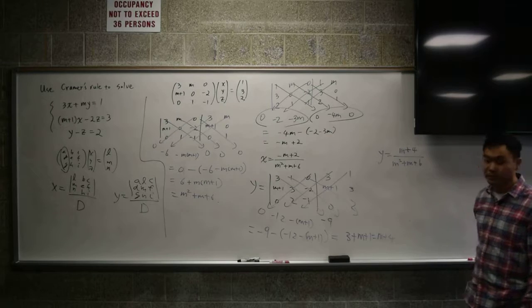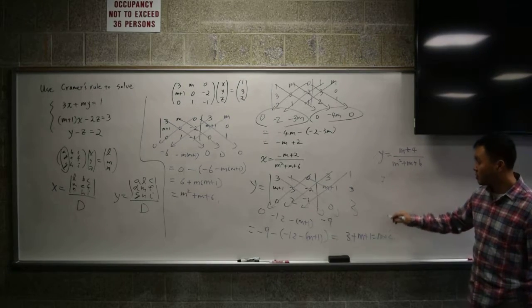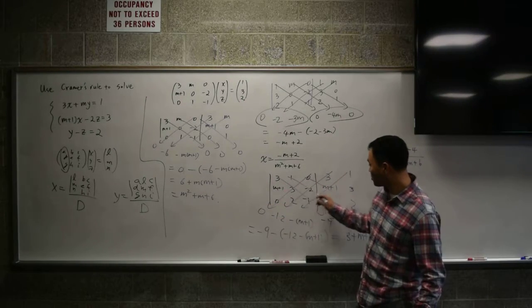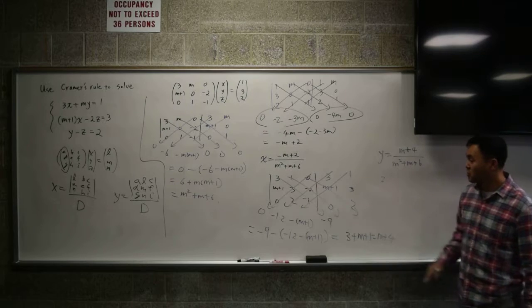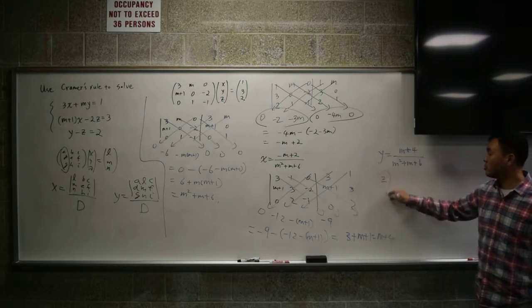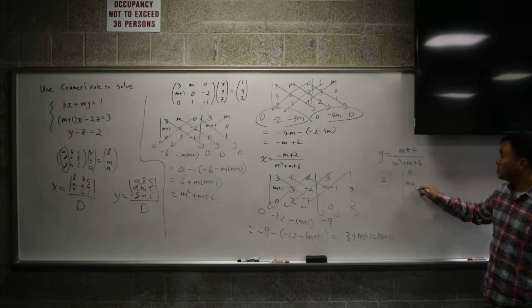Okay. And then finally, for z. Y is equal to this over D. For z, we need the matrix 3, m plus 1, 0, m, 0, 1.